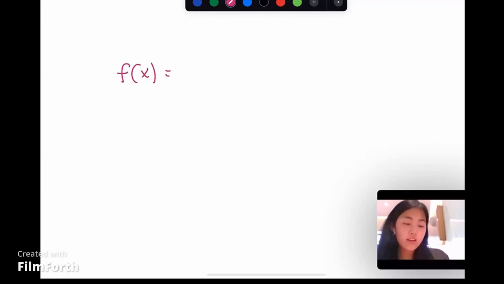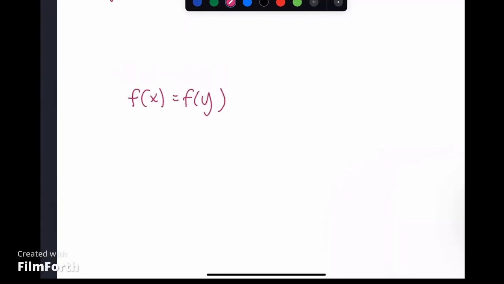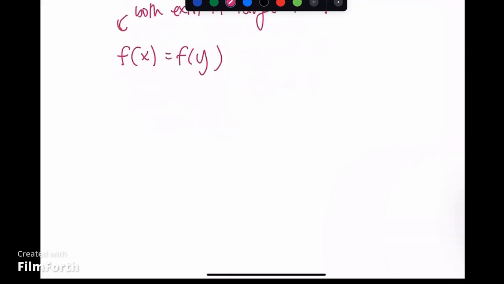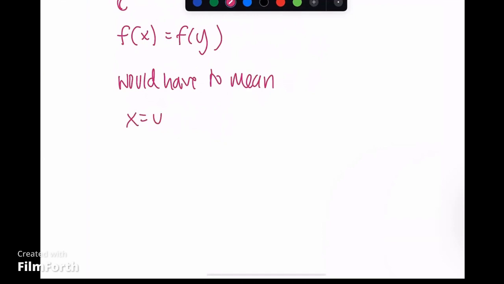Let's say we had a function where f(x) equals f(y). Both of these should exist in the range of the function f, and f is essentially our function. If f is an injective function, it would have to mean x equals y, because there's only one value that you can put into the function f that will give f(x) out.